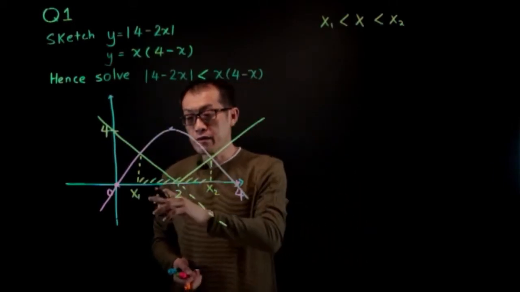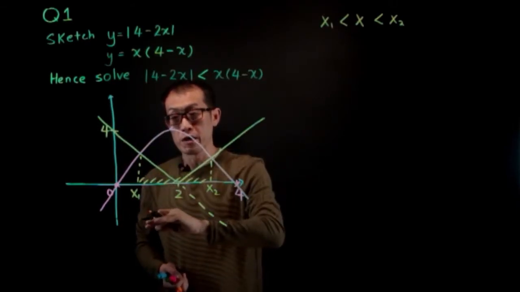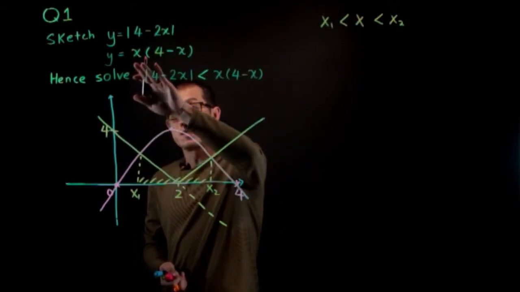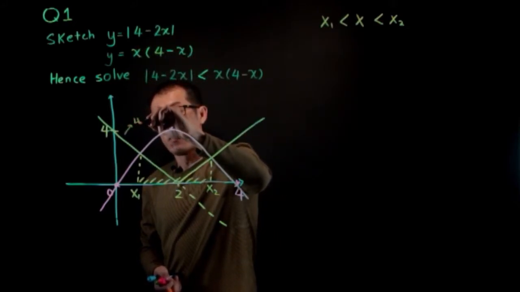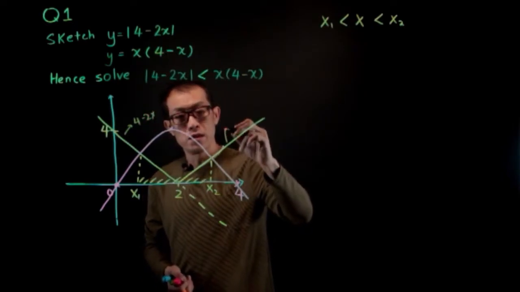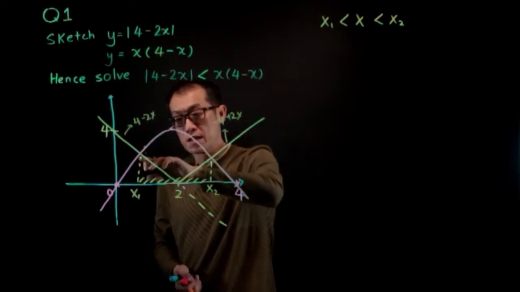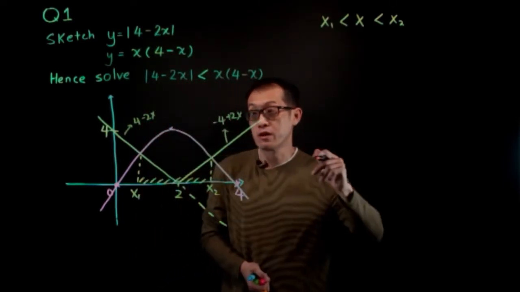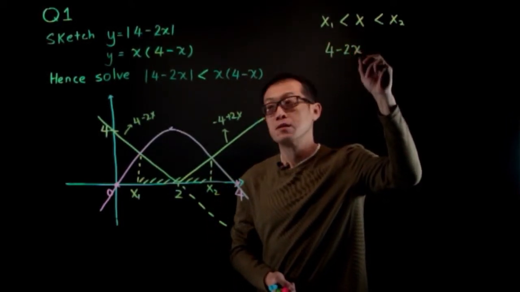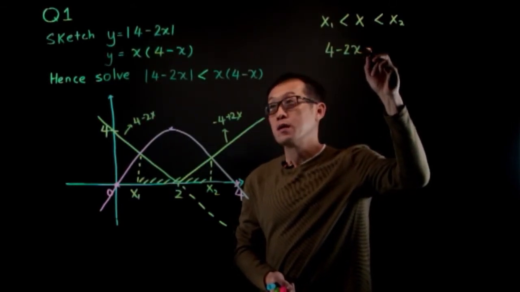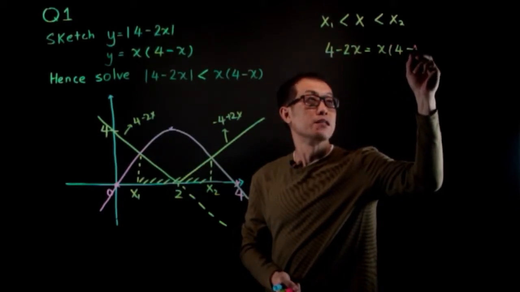Now to determine the value of x1 is very simple. You find the intersection of this graph here with this quadratic graph. Now what is this graph? This is 4 minus 2x. This one is minus 4 plus 2x. So you use the intersection of 4 minus 2x with this quadratic graph. So you have 4 minus 2x equals x into 4 minus x.